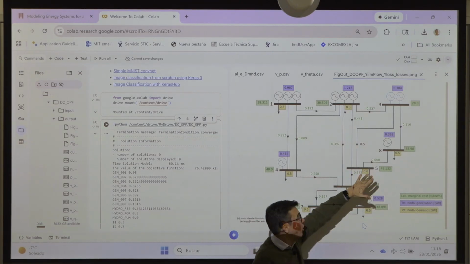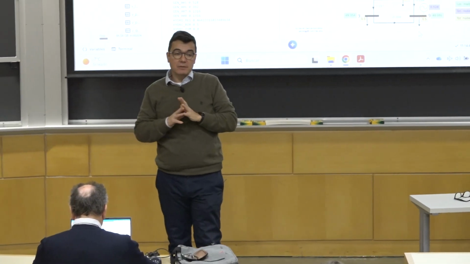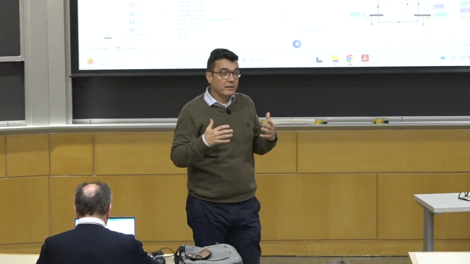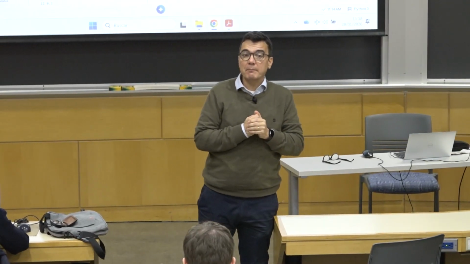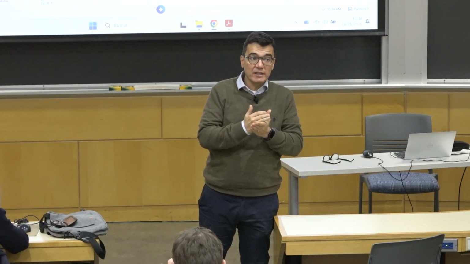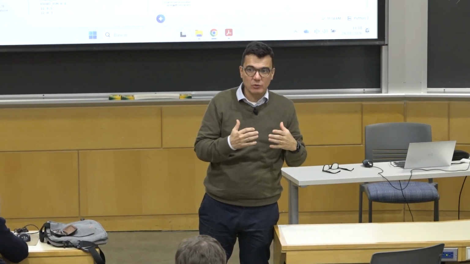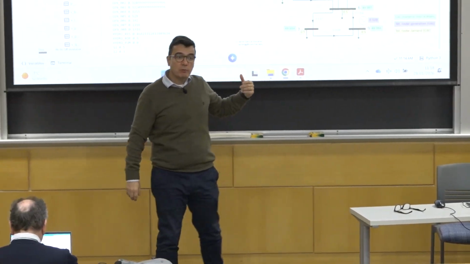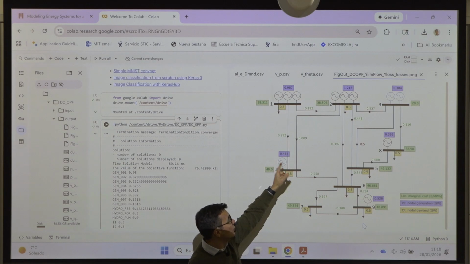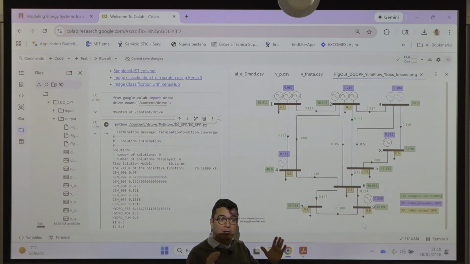So this means that all the other lines are, let's say, within their limits, but this one is what we call in optimization a binding constraint. It's a constraint that is changing the solution. It's affecting the solution. Because my question is, when we formulated this optimization problem, I imposed that the flows in all the other lines had to be within their limits.